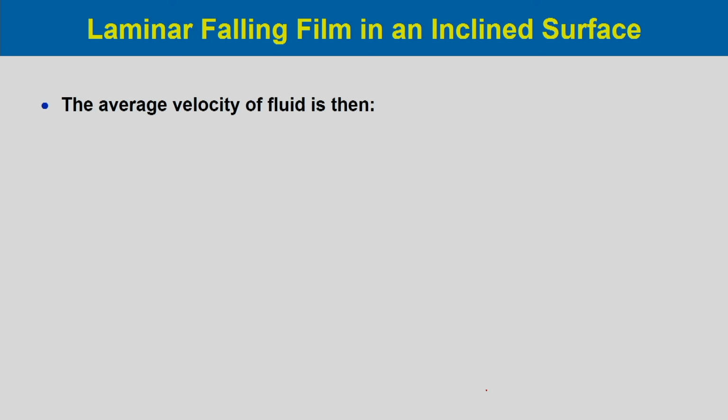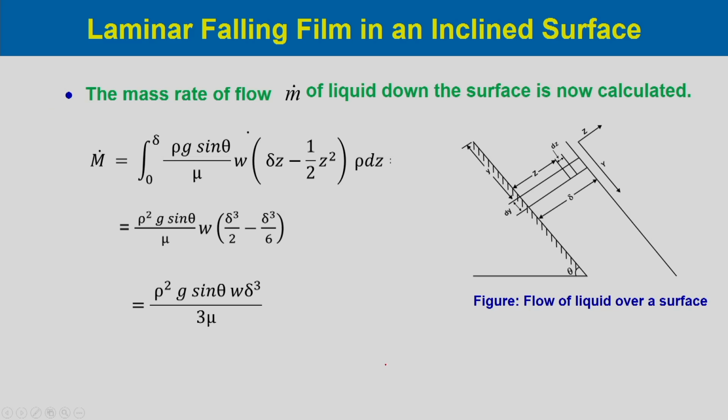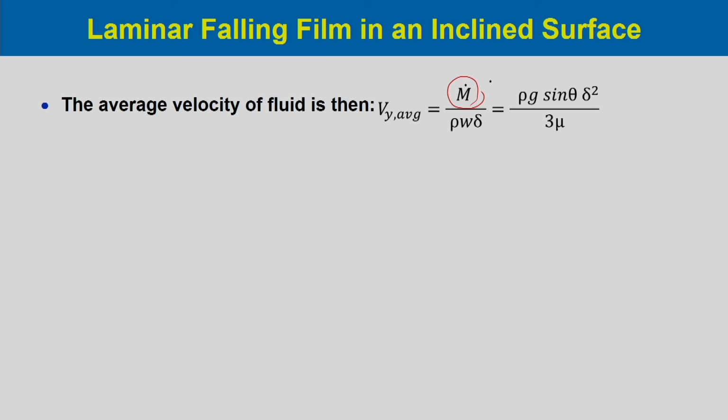Now, the average velocity of the fluid, Vy average, is m dash by rho W delta. If we substitute the value of the mass rate which we determined before, we obtain rho g sin theta delta squared by 3 mu.